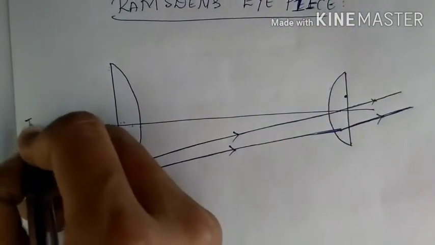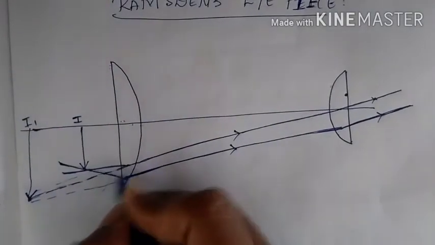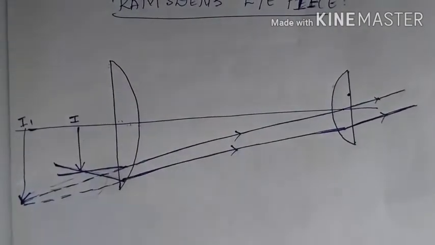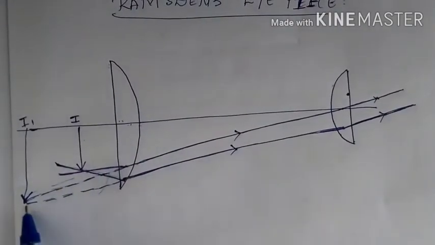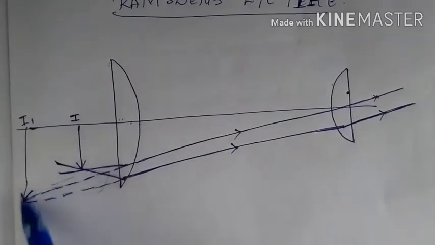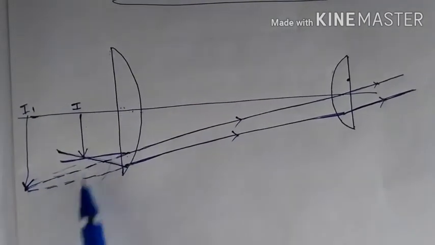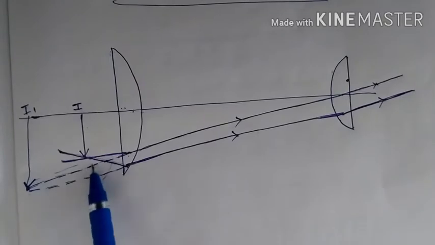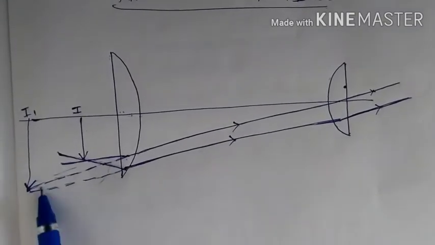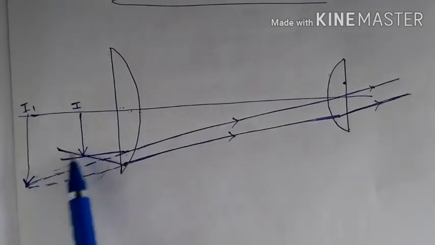Let this be I1. If you extend the two refracted rays from the first plano-convex lens, they meet at a point and form the virtual image. Why is this virtual? Because these two rays are not real rays; they only appear to meet at this point. Hence this is the virtual image and that is the real image.